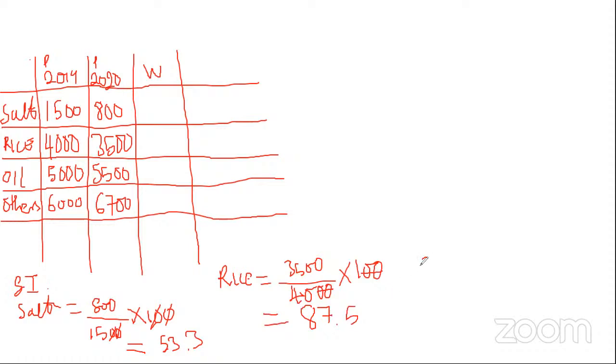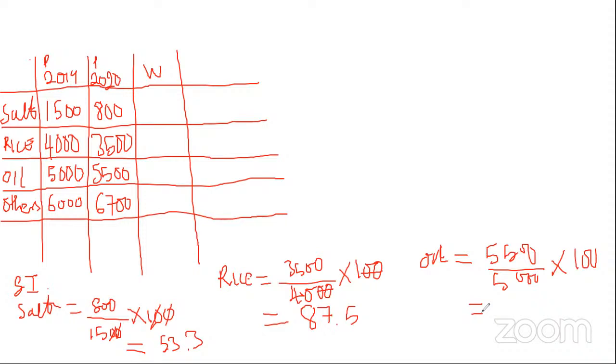Then we calculate for oil, which should be 550 and divide by 5,000 and multiply this by 100. Pardon?